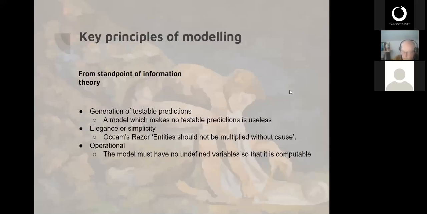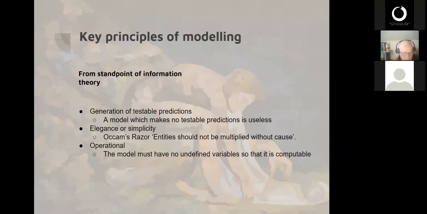Now let's look at it from the standpoint of information theory. What your model's got to do is generate testable predictions. If it makes no testable predictions, it's useless. It doesn't tell you anything. Secondly, you want your model to be as simple as possible. This is Occam's razor, that entities shouldn't be multiplied without cause. Newton makes the same argument.